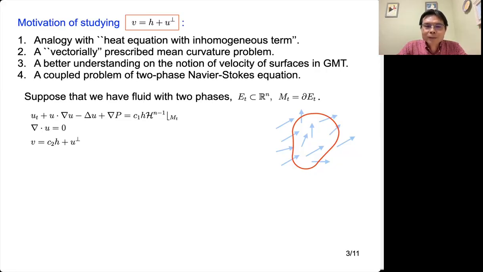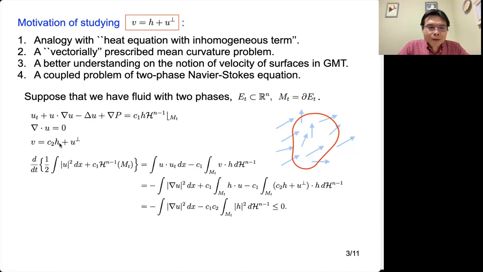Actually, there is some problem with having this extra c_2 H term, because if you do this, the enclosed volume is going to change. So it's not going to be so-called conservative; the volume inside of the phase is not going to be conserved. That's a bit of a problem, but just as a mathematical problem, it's still okay.